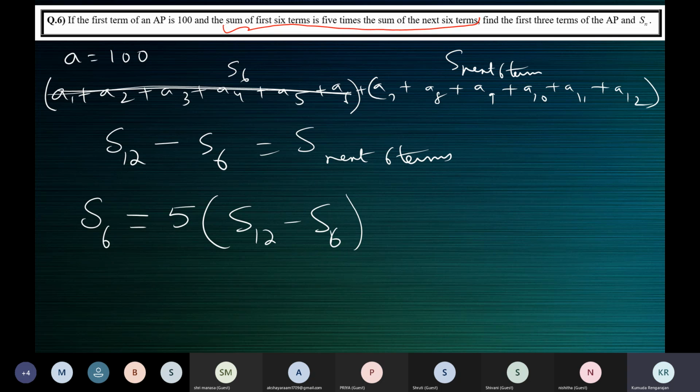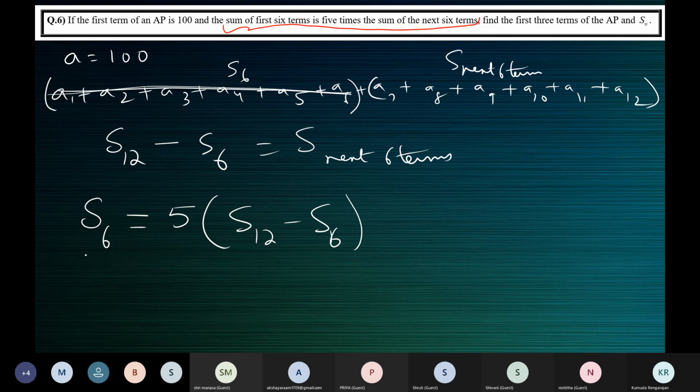We're just converting whatever is in words into an equation.